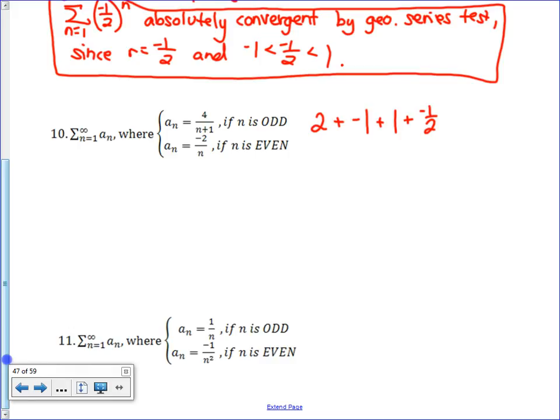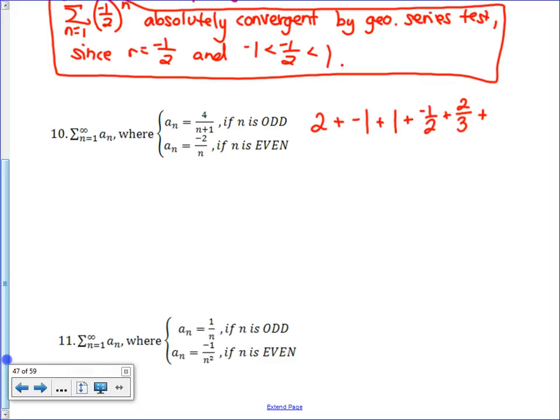We're going to go a little bit further. 5 is odd, so 4 over 5 plus 1 is, yeah, you're right, 6. 4 over 6, that's gross. 2/3. Negative 1/3. 6 is even.